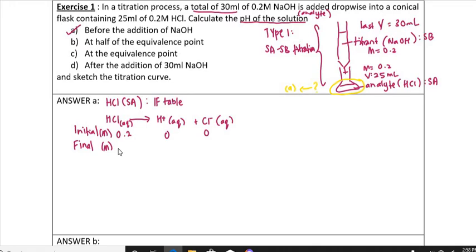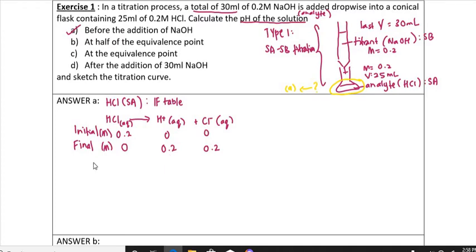At the final, concentration for HCl is 0 because completely dissociate. This will become 0.2 and also 0.2 because the stoichio is 1 to 1 for cation and 1 to 1 for anion.